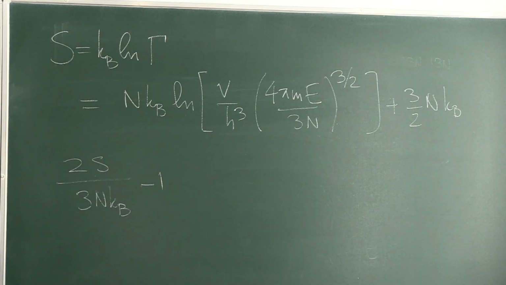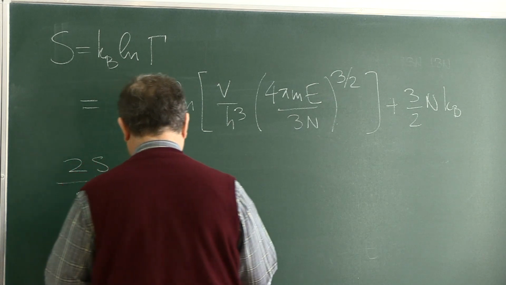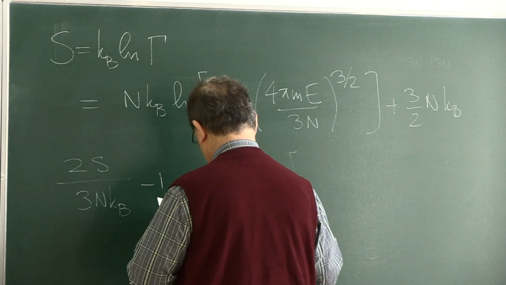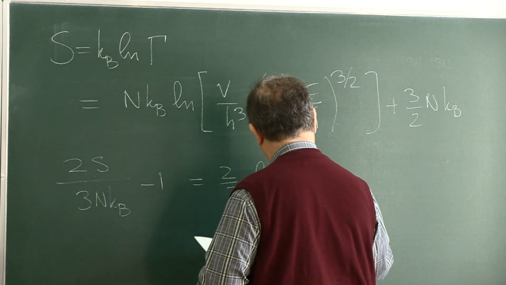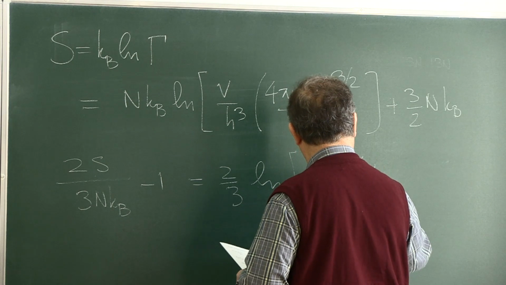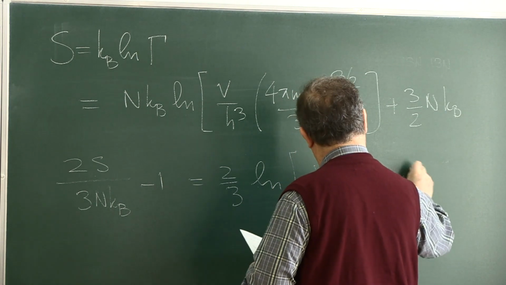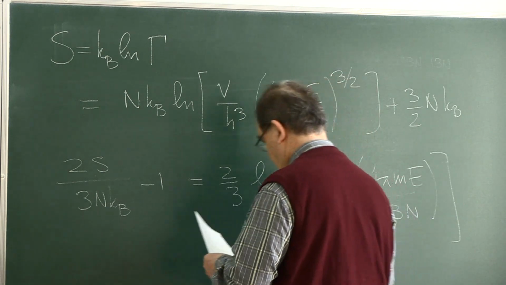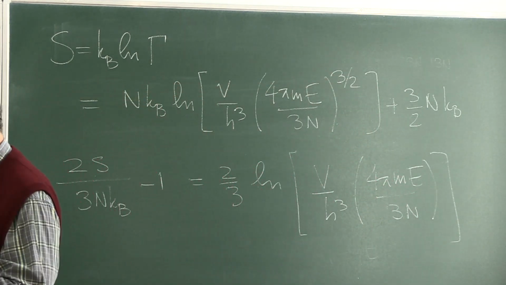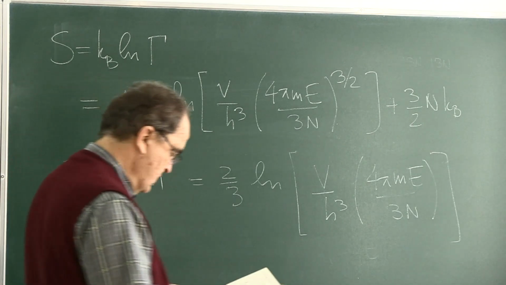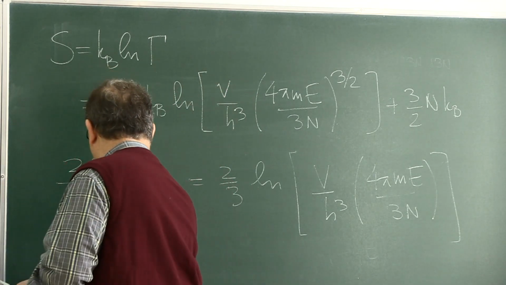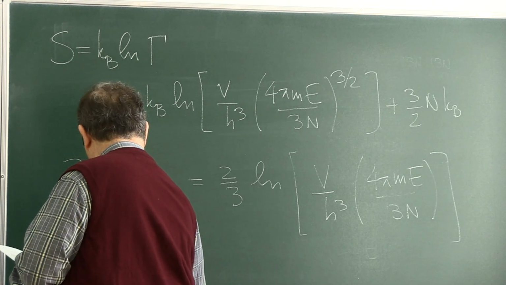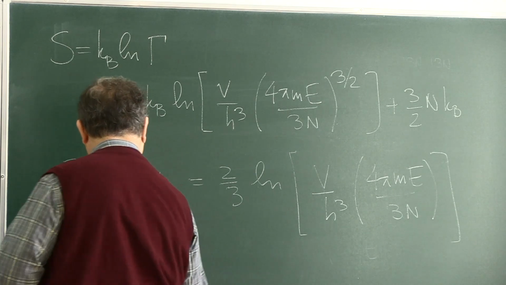That thing must be equal to 2/3 logarithm v over h cubed. If I exponentiate both sides, I get the following: e to the 2S over 3nkB, minus 1.